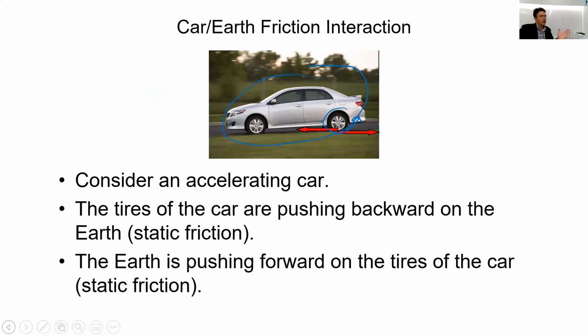Kinetic friction is when the two surfaces are sliding relative to one another. If you are going along and you slam on all 4 brakes at once and the car goes screech along, that's kinetic friction. Or maybe if you step on the gas so much that you hear the screeching of your tires.